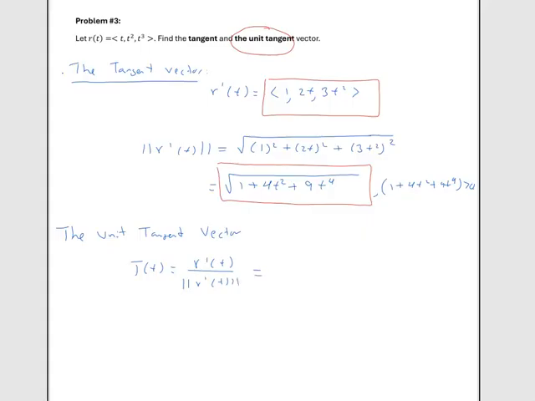So this is going to be equal to, and let me just write it as, 1 over the square root of 1 plus 4t to the second plus 9t to the 4th. And then you could leave it like that, or distribute it out. This will be 1, and then 2t, and then the last value would be 3t to the second.